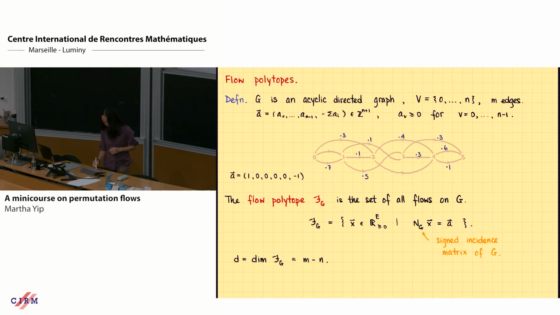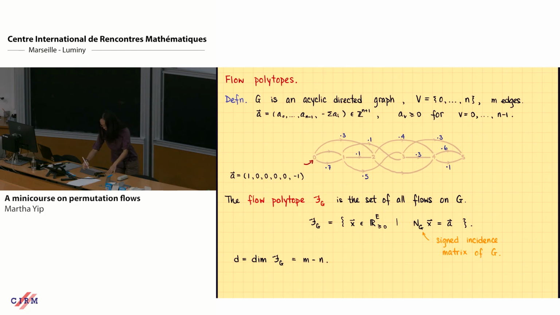And for example, here's a graph. I always assume that my edges are directed from the left to the right. And here, I'm picturing I have unit flow going into here, so one unit of flow going into there, and then it flows through the pipes. The pipes don't leak, so flow is conserved at every single vertex.